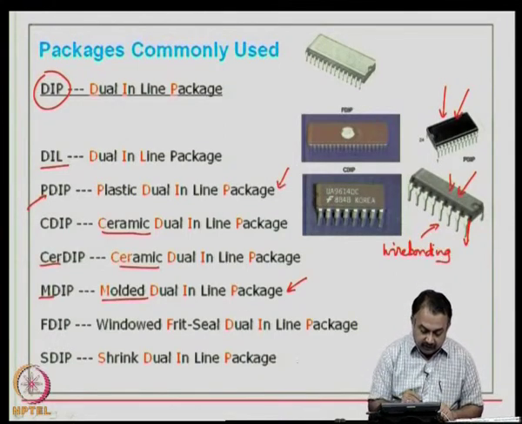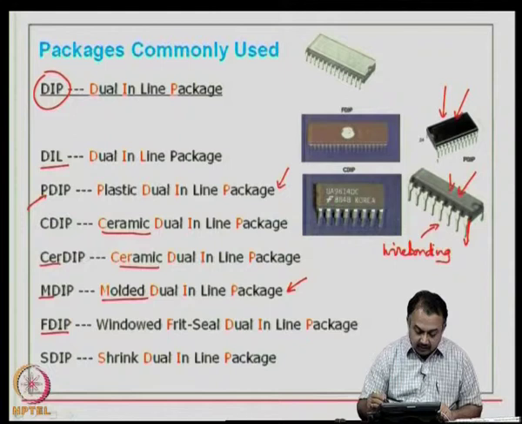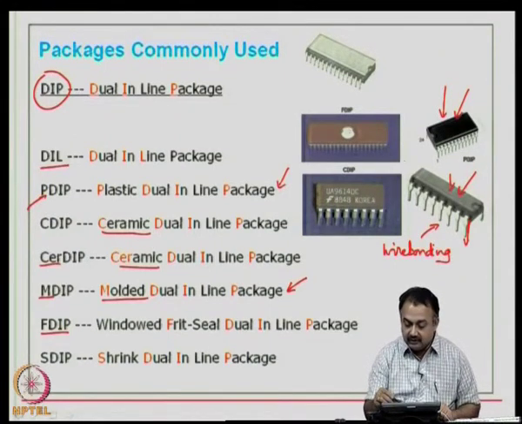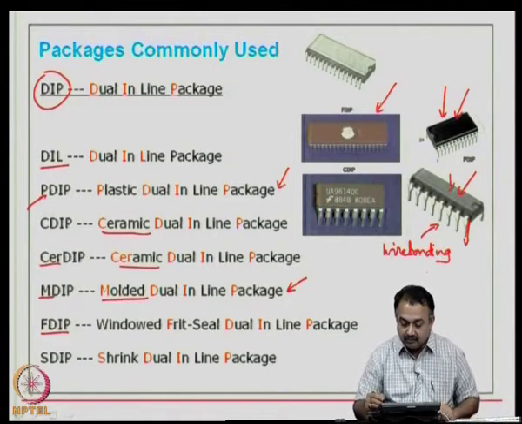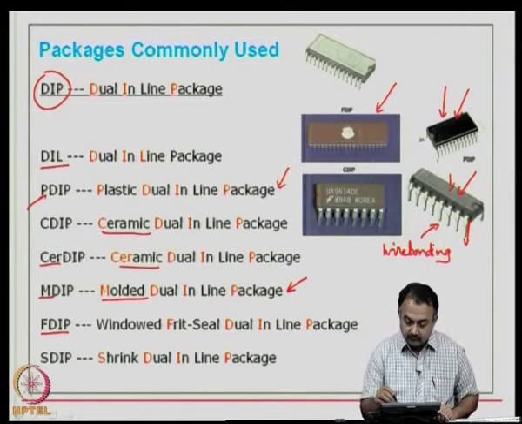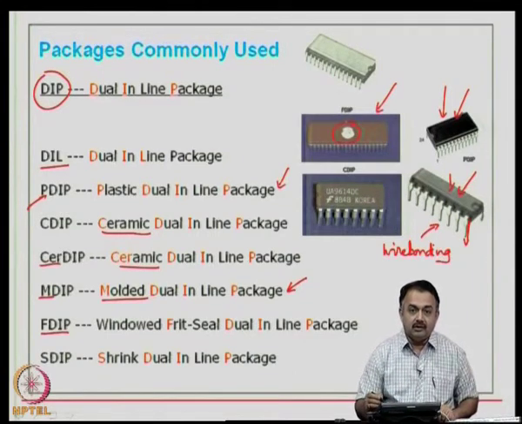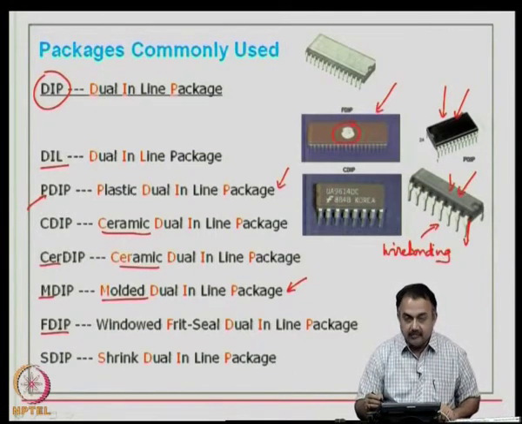So, F-DIP means windowed frit seal dual inline package. So, here you can see an F-DIP package, for example, in this picture. So, you can see at the center there is a glass window, okay, and which is made out of frit glass, a toughened glass, and it is transparent.